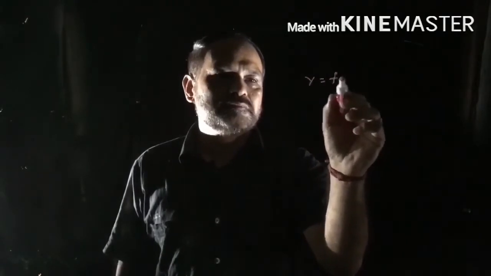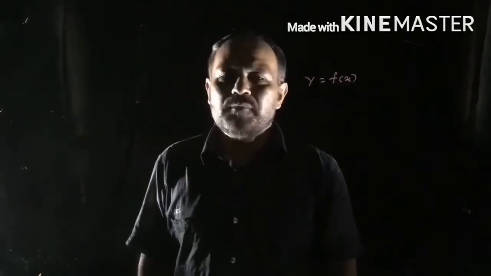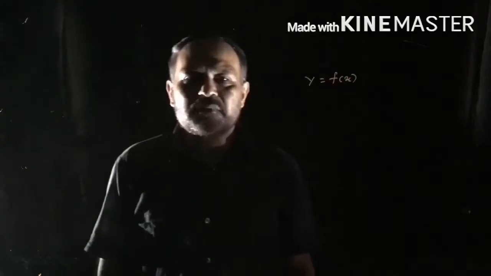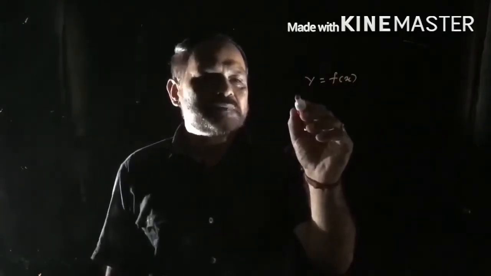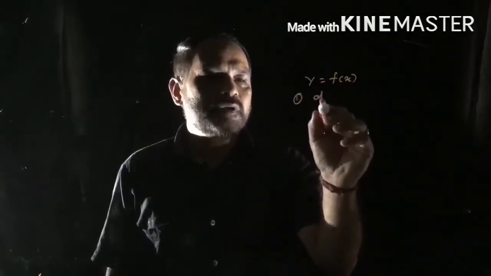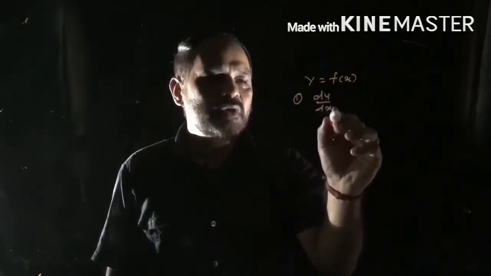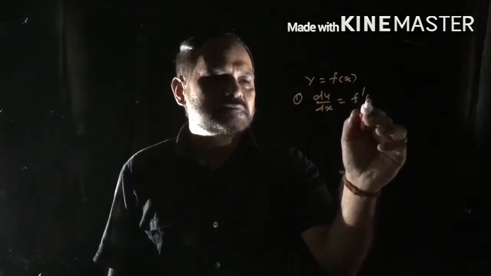What is the procedure? Suppose y is equal to f(x) is a function. We have to find the maximum and minimum point of f(x). So first find the value of dy/dx or f'(x).